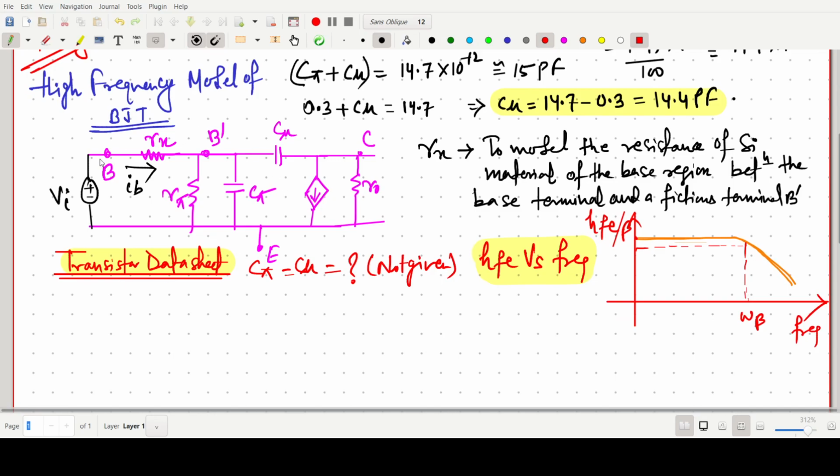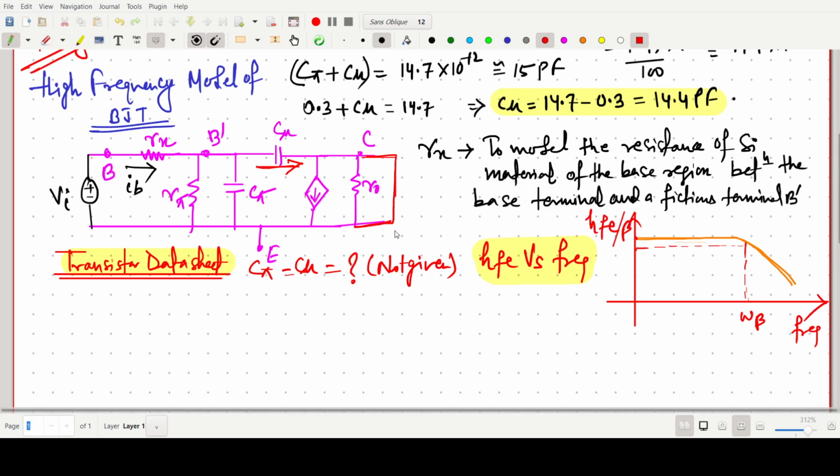So we have a very good knowledge of this high frequency model. Now, the current in the C mu capacitor can be found, because if we are going to draw the HFE versus frequency curve, we have to short circuit the output terminal.